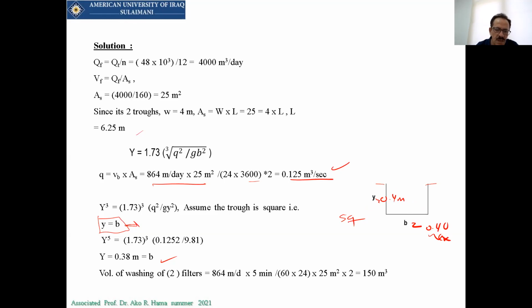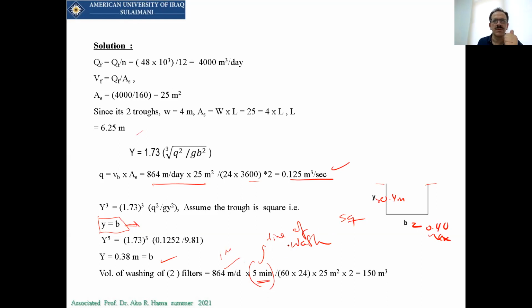Now, how much water can be collected during 5-minute backwashing? It's easy. I have the filter backwashing rate, meter per day, times the time. This is the time for washing. This filter will be backwashed for 5 minutes.